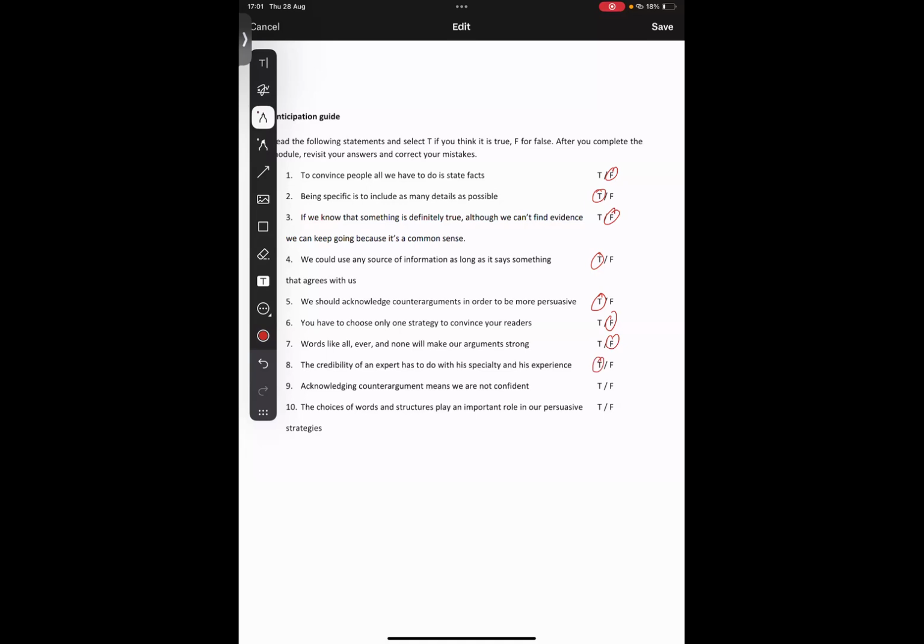Number nine, acknowledging counterarguments means we are not confident. No, not at all. Acknowledging counterarguments doesn't mean we're not confident. It actually makes us more persuasive because it shows that we are not biased. Number 10, the choices of words and structures play an important role in our persuasive strategies. Yes, definitely.